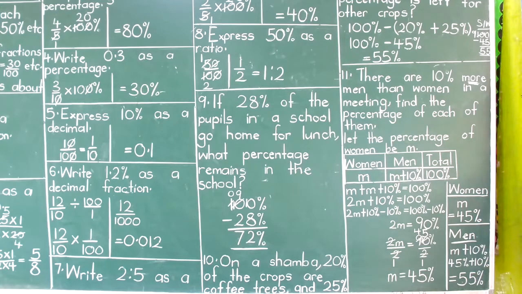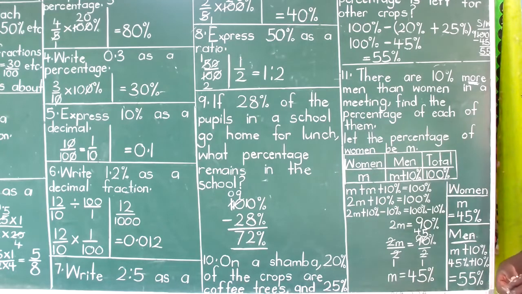If you want to prove it, you add 45 and 55 and see whether you make 100%. They also said 10% more men than women, so you check whether 55 minus 45 is an excess of 10%. So the men outweigh the women, or are more by 10% compared to women. That is how we deal with the application of that particular category.